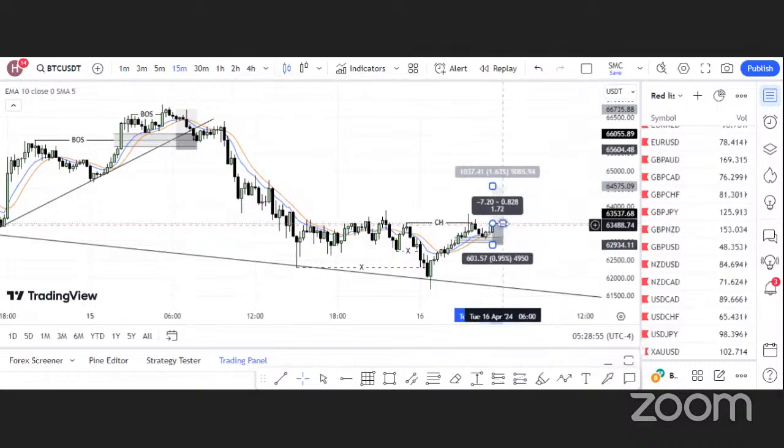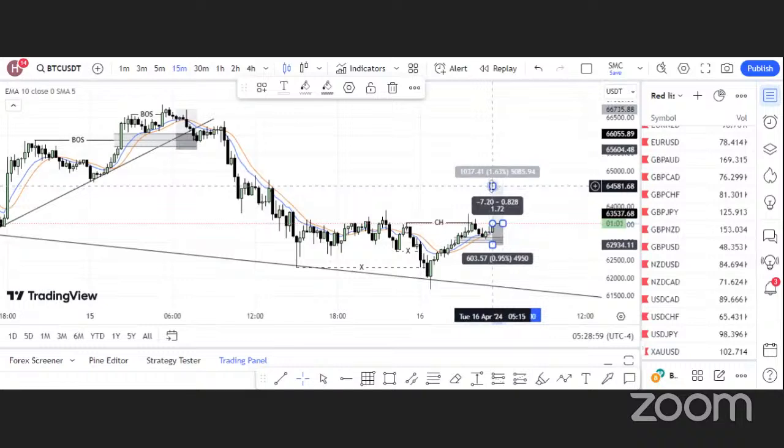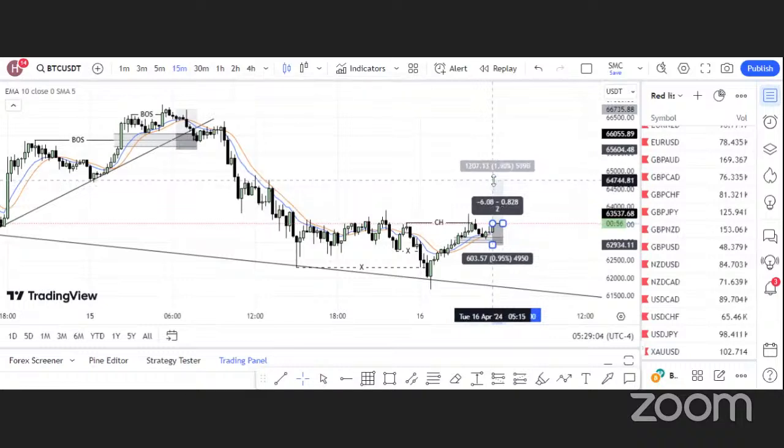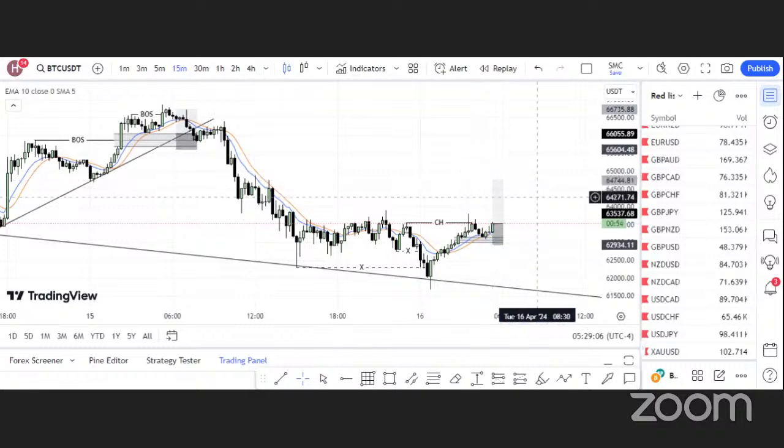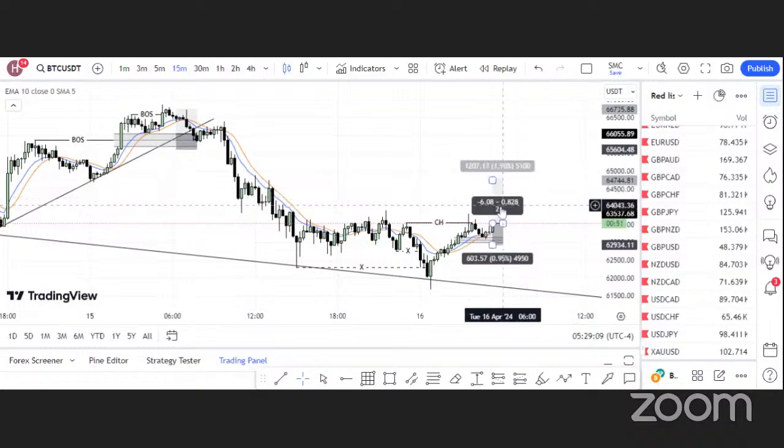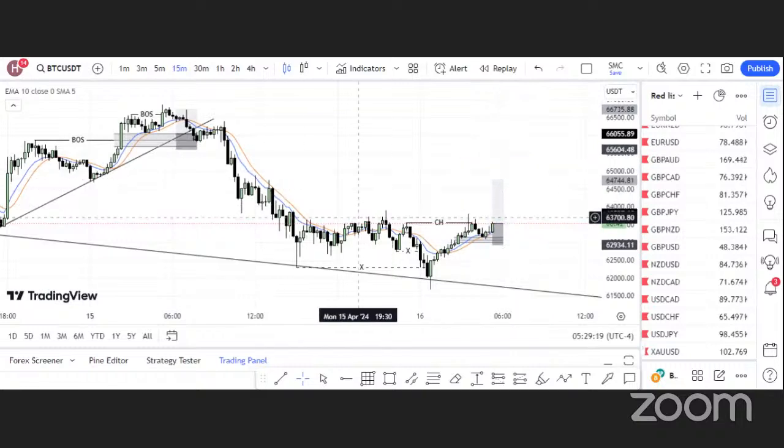Okay, so now I'm going to draw my line from the 80s, and you see the market came straight into the 50% of the fair value gap before making this bullish move.